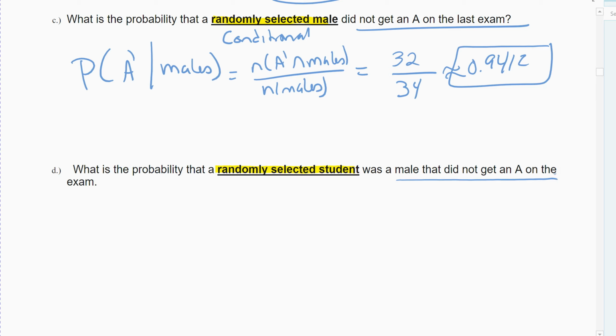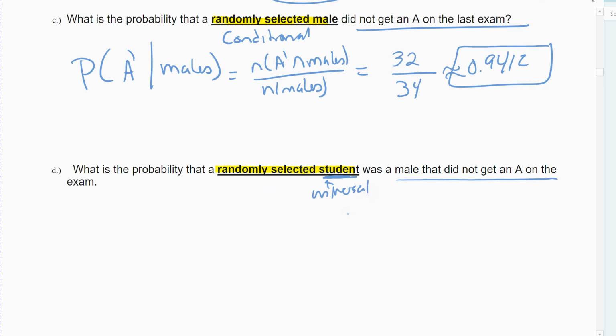Alright, so the wording is just changed up a little bit, but that change makes a very big difference in the outcome. I'm picking a randomly selected student. Student would be any student could be selected. So this is the universal case, right?